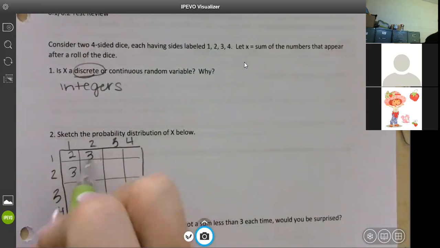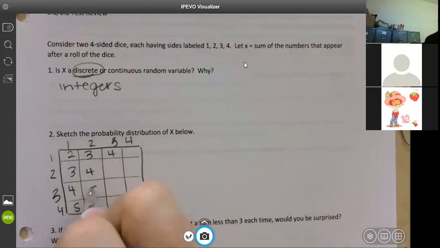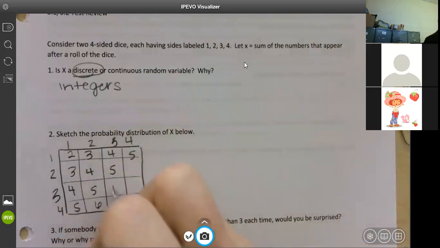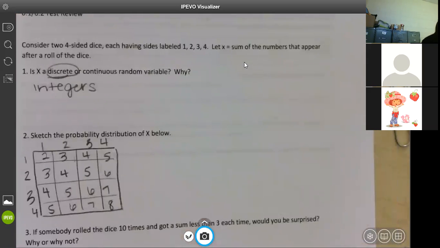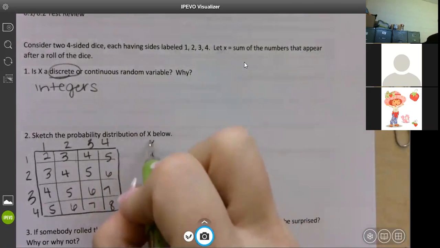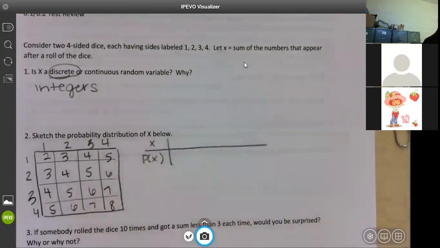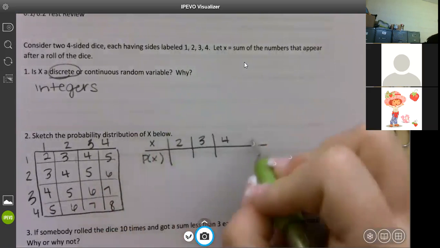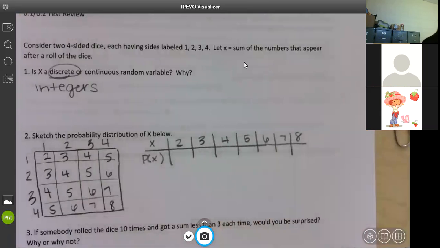Then you'd have 3 and 3, then 4, 4, 4, your 5s, your 6s, your 7, and your 8. So then you'd have your X and your P of X. The sums that you can get are 2, 3, 4, 5, 6, 7, and 8.